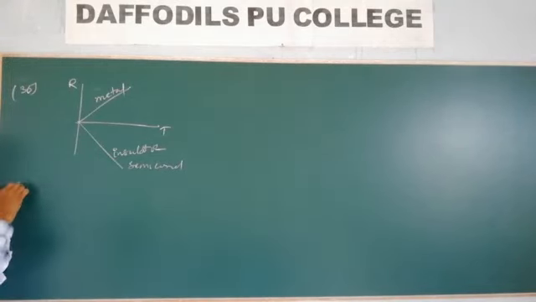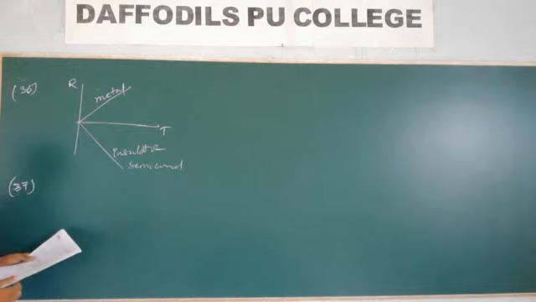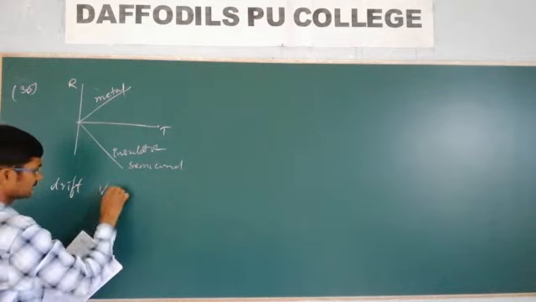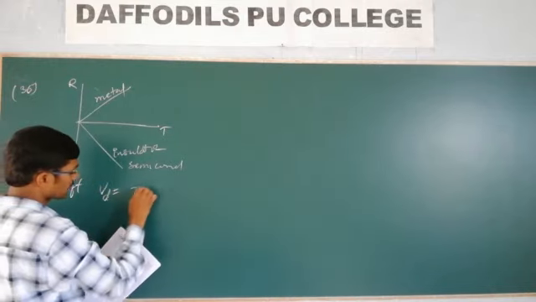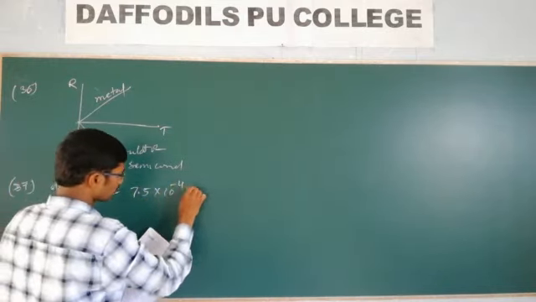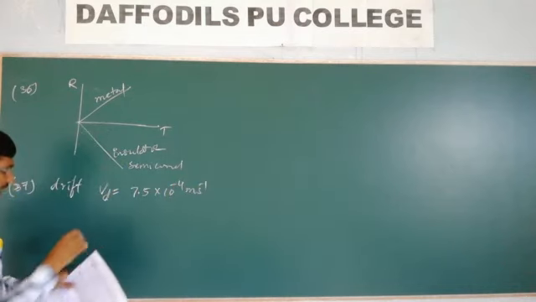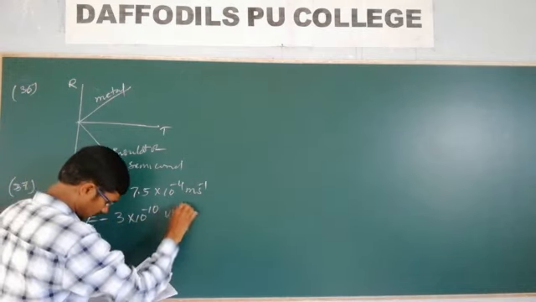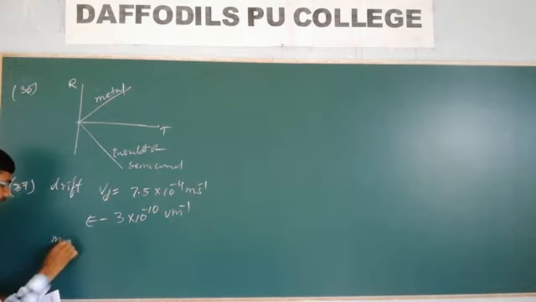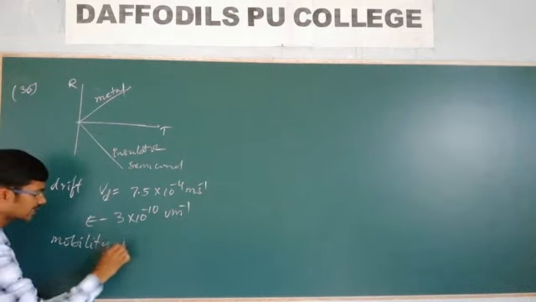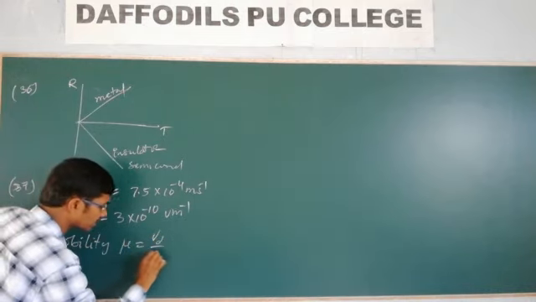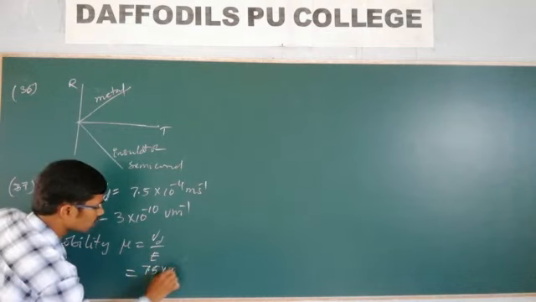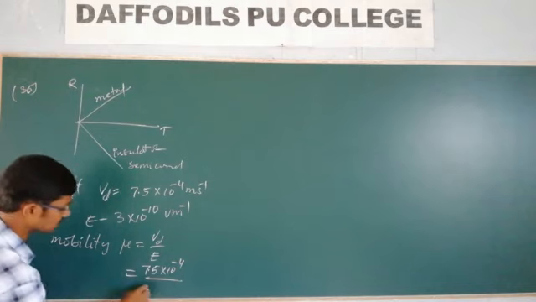A charged particle having drift velocity of 7.5 into 10 power minus 4 meter second power minus 1 in an electric field of 3 into 10 power minus 10 volt meter inverse. Find the mobility.